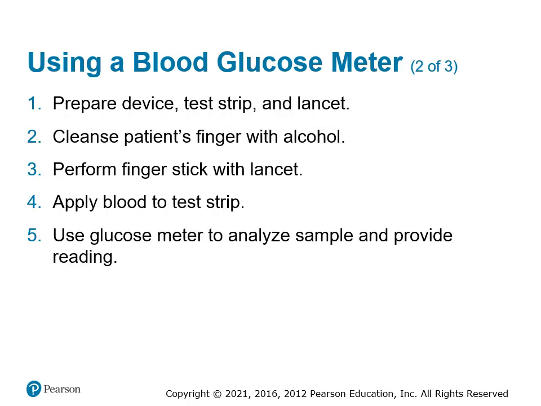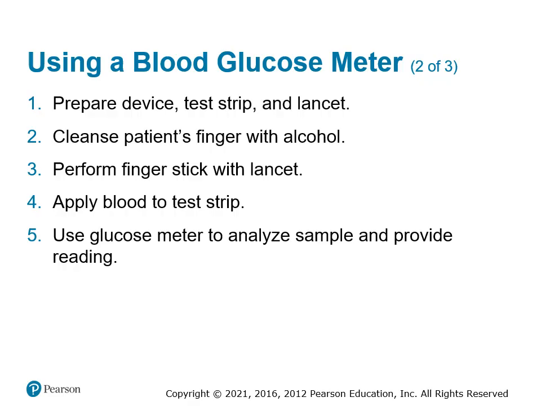So, prepare your device, get a test strip, get a lancet. You cleanse the patient's finger with an alcohol prep. You prick the finger with a lancet, and then you wipe the first sampling of blood off with a little wipe or a gauze pad.